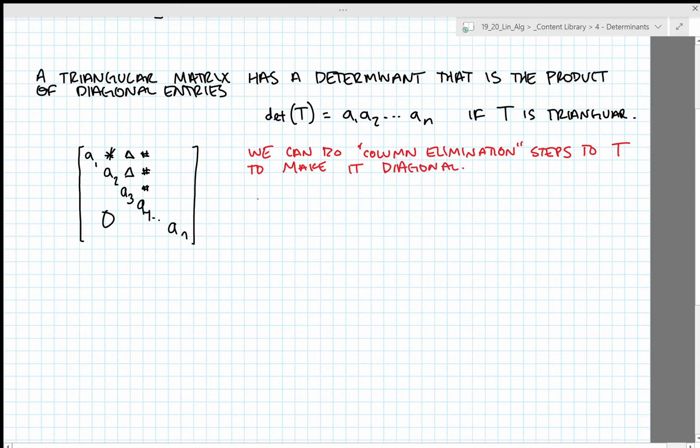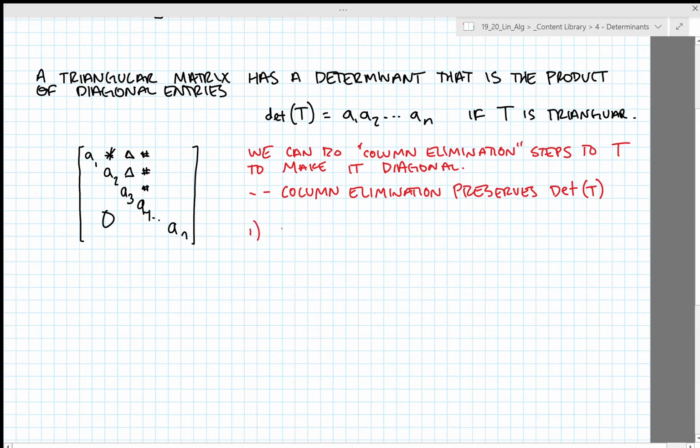What's important to note is that these column operations preserve the determinant. So when I do these column operations, I don't actually change the determinant. I can change this whole matrix into a diagonal matrix, and that determinant will be the same as the one I started with, because all I did were these column elimination steps.